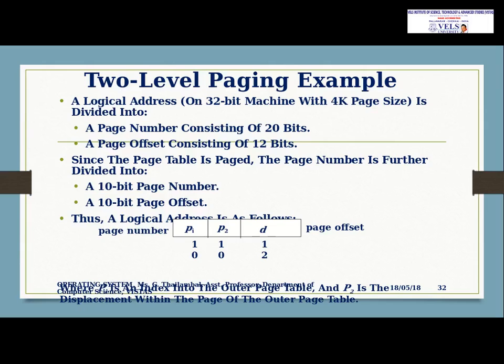In that I will find the School of Computing Sciences from the first page table, and then I will access the 3 values in the second page table, BSc, BCA or MCA, to find whether the student is studying in BSc, BCA or MCA. So that is the second level of page table, right?